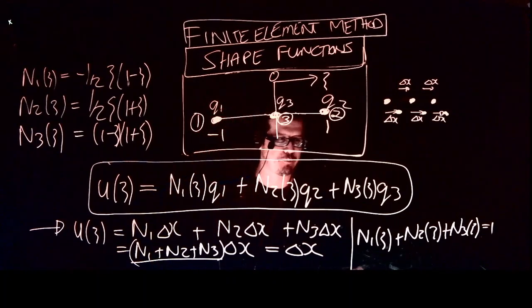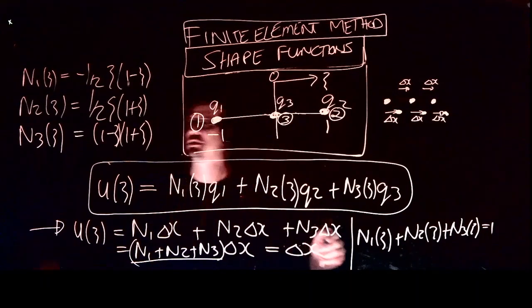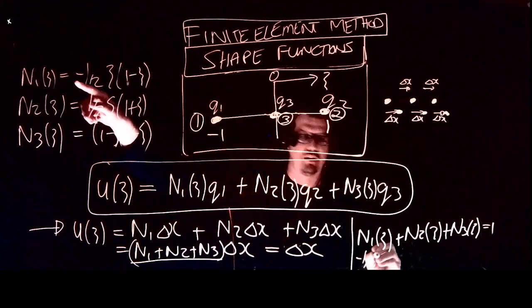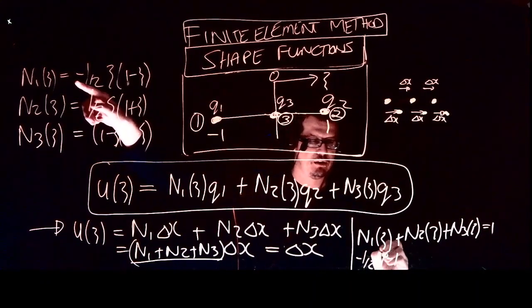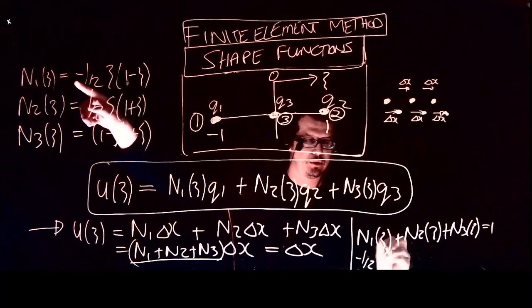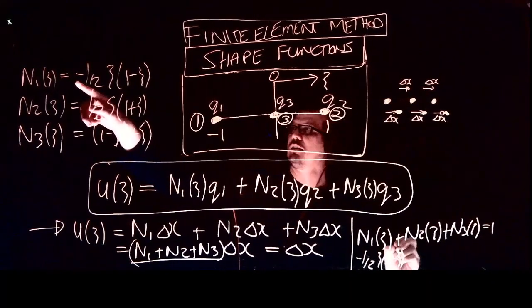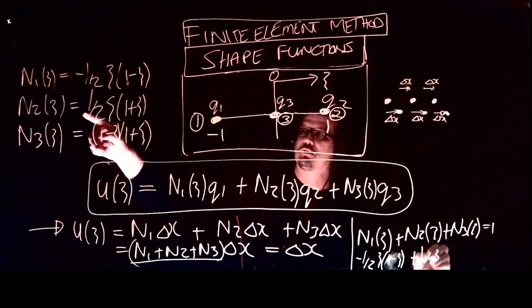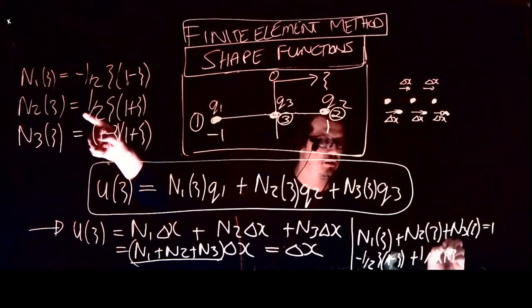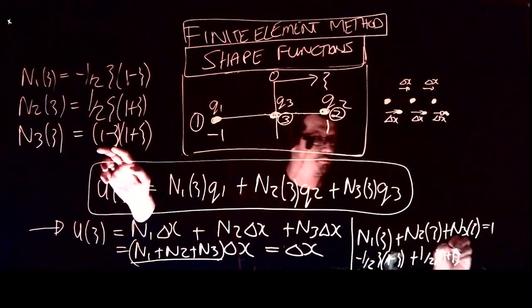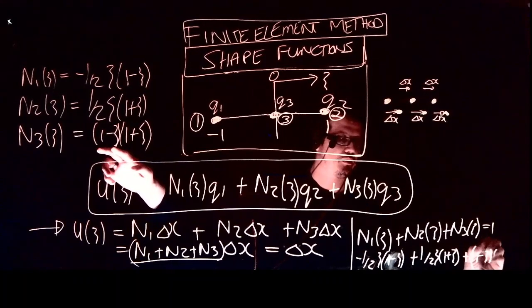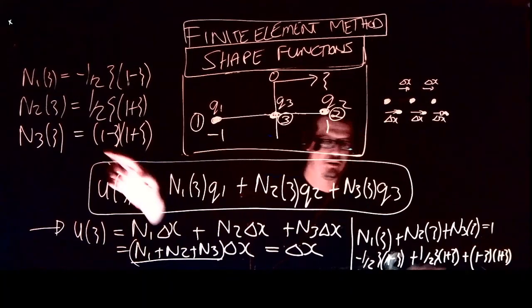Okay, so let's see what happens if I add these together. Minus a half psi times 1 minus psi, plus a half psi times 1 plus psi, plus 1 minus psi times 1 plus psi.